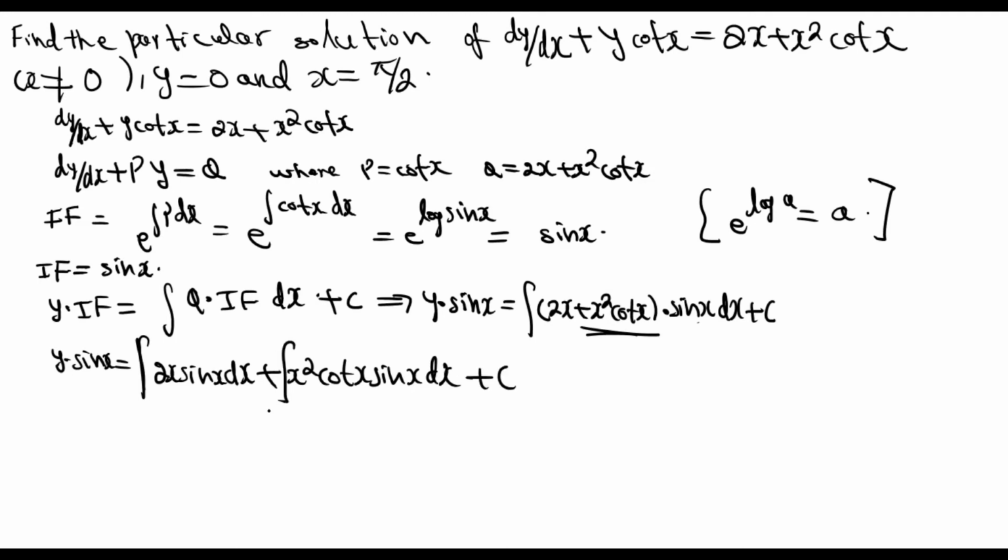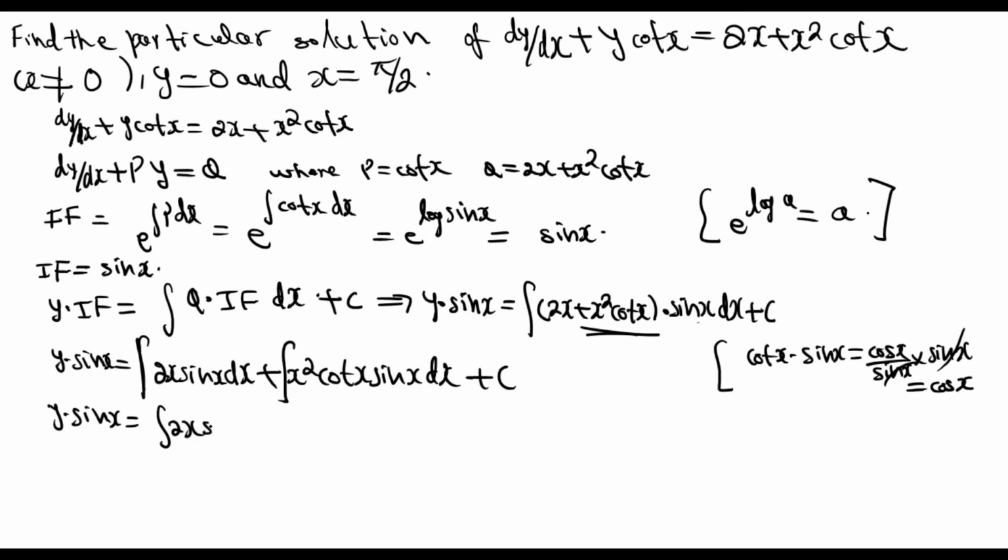Here I'll use the integration symbol on both sides. Now you have cot x into sin x, which is cos x divided by sin x into sin x. So sin x gets cancelled and you will get only cos x. So y into sin x is equal to integration of 2x into sin x into dx plus integration of x square into cos x into dx plus c.